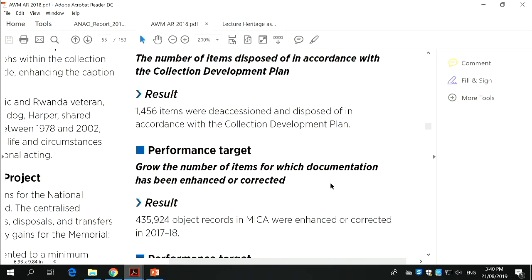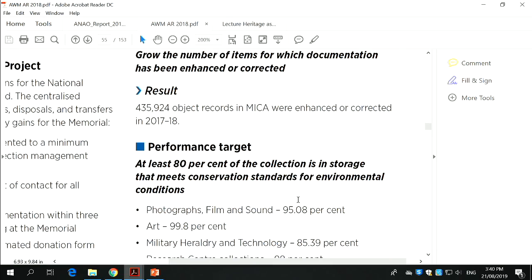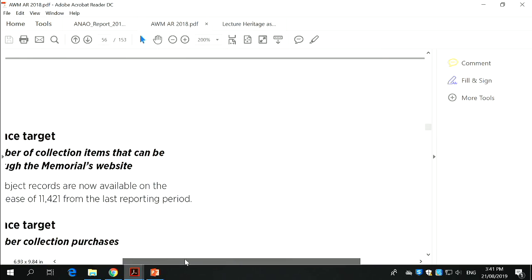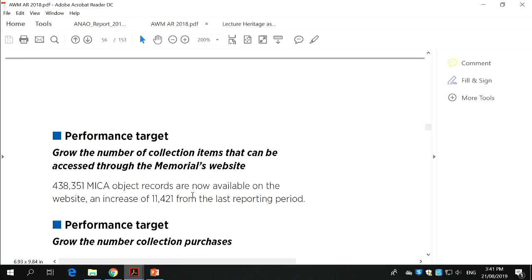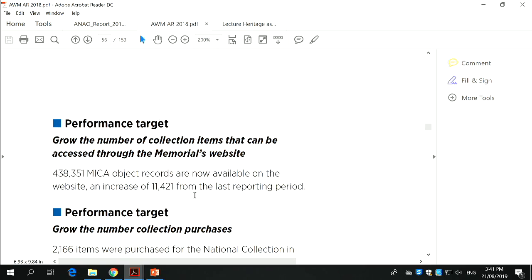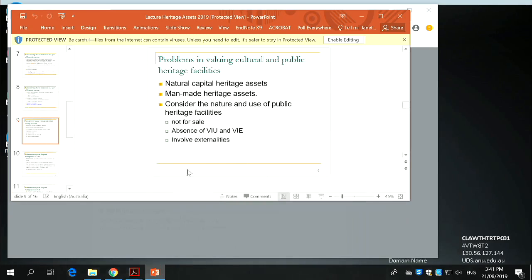So you have ideas of the number of items being enhanced, and the storage. I guess these are just some examples of other information that might be useful in terms of the facilities.